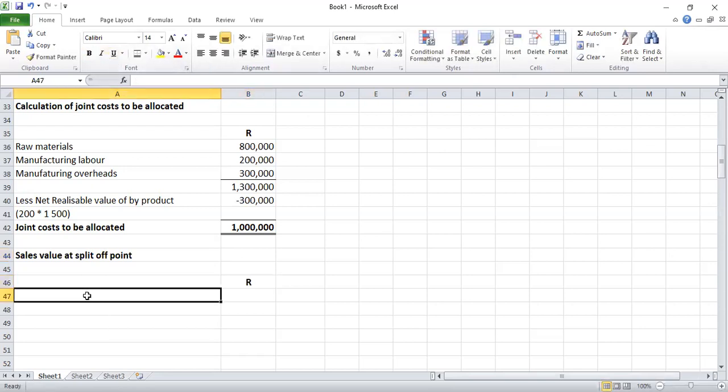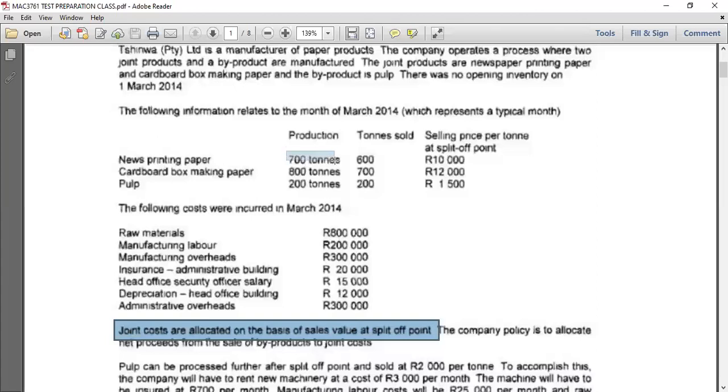Right. We have got the newspaper printing paper, it's 700 tons. Now, when you are looking at your sales value, please, we are not saying this is the sales that we have earned during the period. We are saying the moment that we finish production, what is the value of all those units that are produced?